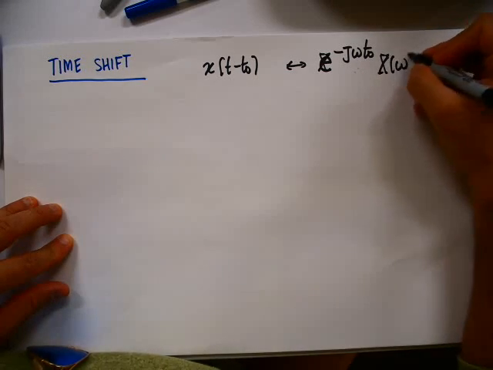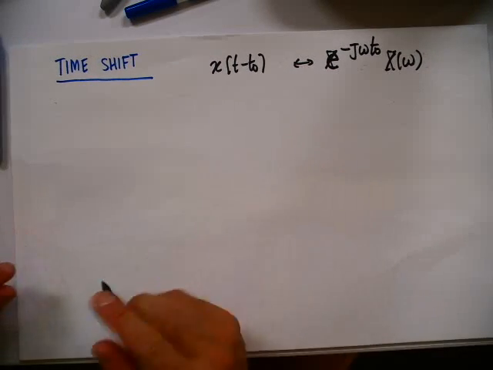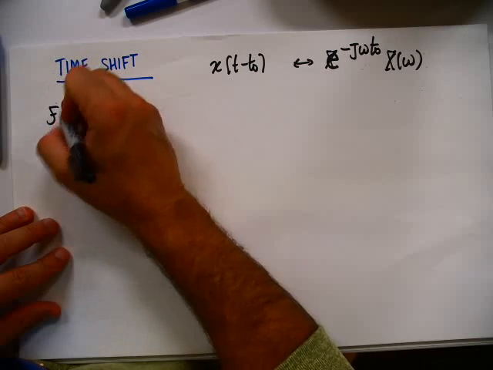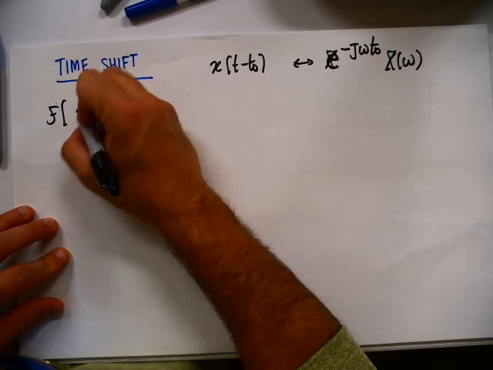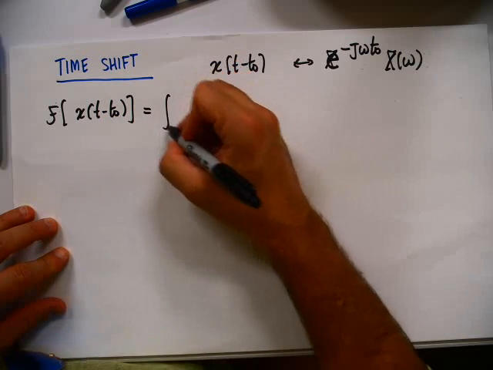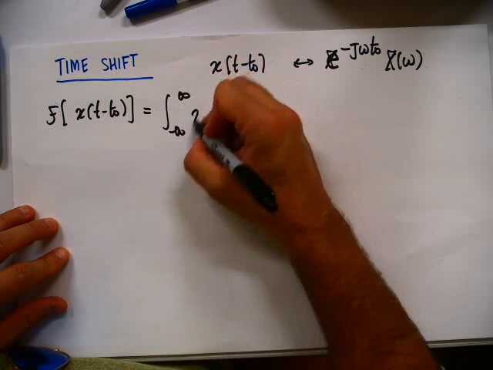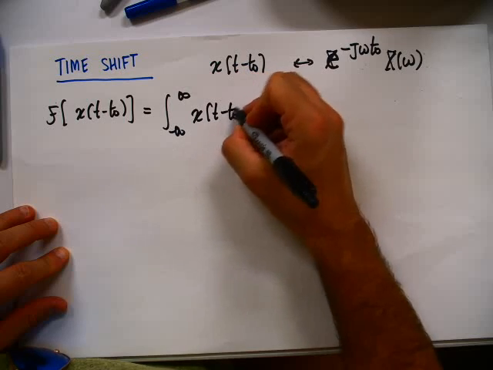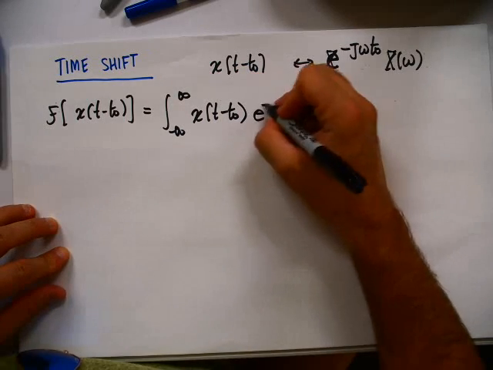Okay, how to prove that? Again, the same steps. The Fourier transform of x of t minus t naught is equal to the integral between minus infinity and infinity of the shifted signal times e to the minus j omega t dt.